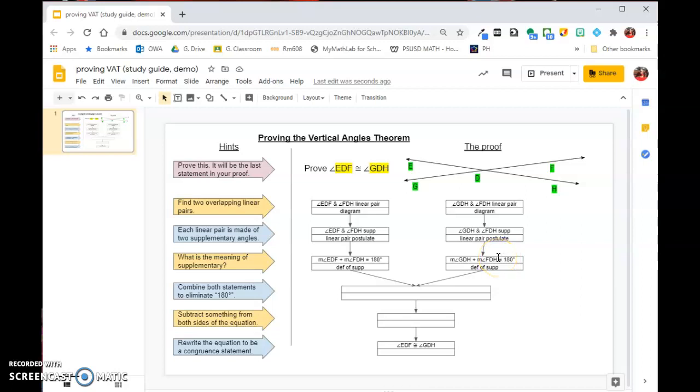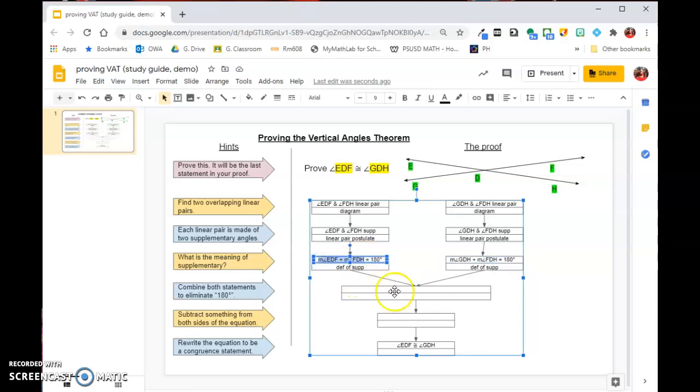Well, here we go. The moment of truth. If that quantity equals 180 and that quantity equals 180, then they must be equal to each other.